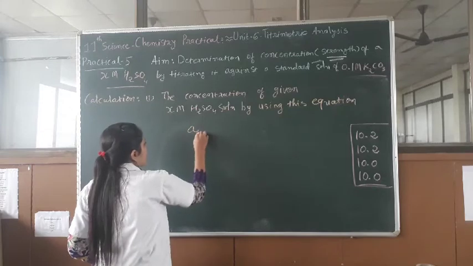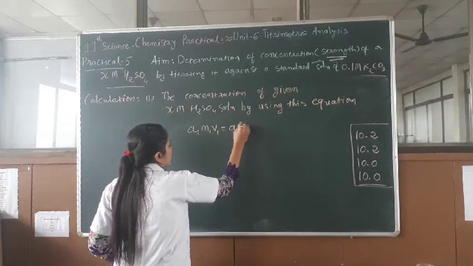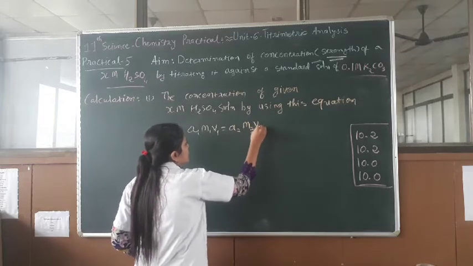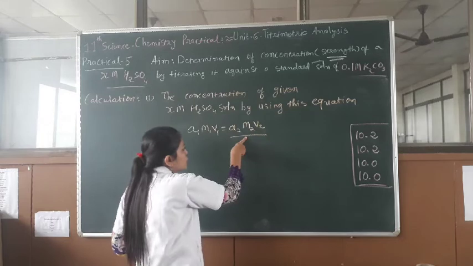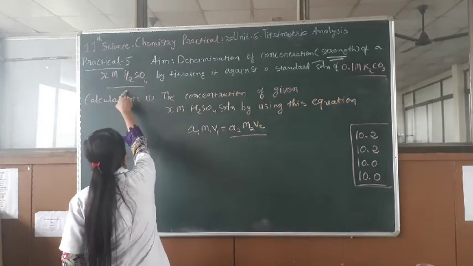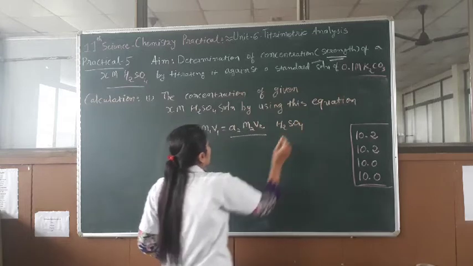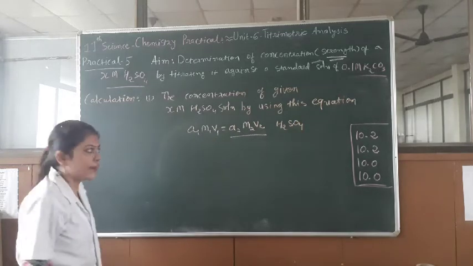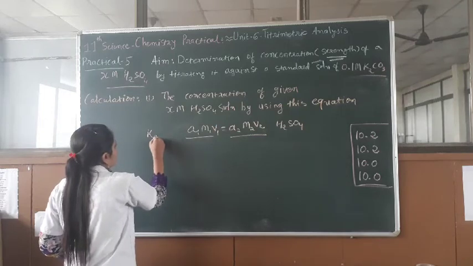What is our equation? A1 M1 V1 is equal to A2 M2 V2. V2 is always the burette reading. What is our burette solution? H2SO4. And V1 is for the flask pipette solution, that is K2CO3.